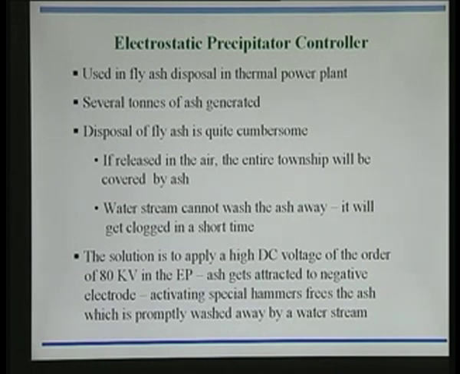It is to apply a very high DC voltage, of the order of 80 kilovolts, in the EP, the electrostatic precipitator, as it is abbreviated. If you do that, the basic electrode is negatively charged and the positive charge is on the entire chamber. So naturally the ash, along with the flue gas pumped in at a very high rate, brushes past all this positive, because the whole chamber along with the tubing that connects is positively charged.